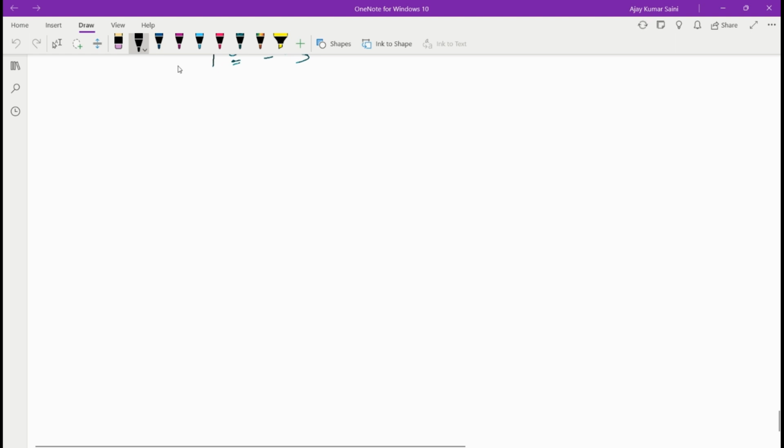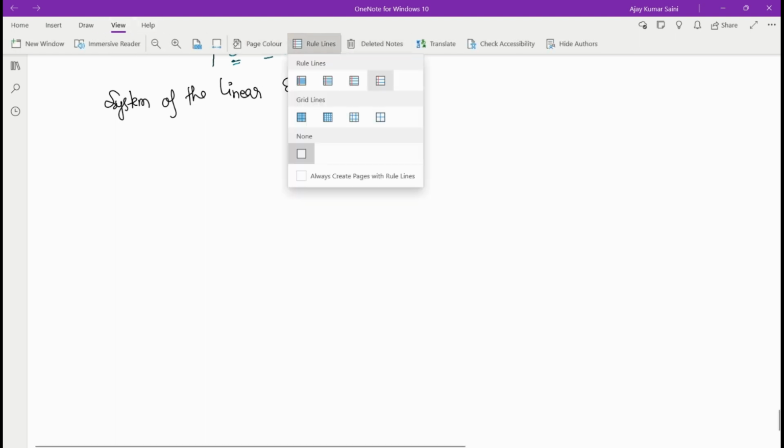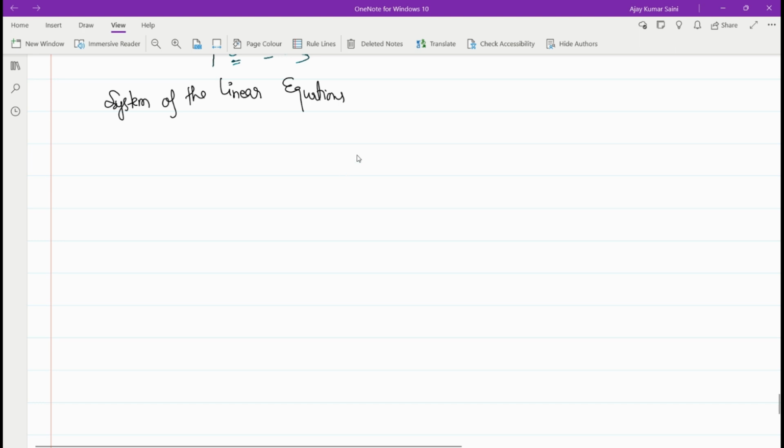There are two types of systems of linear equations.